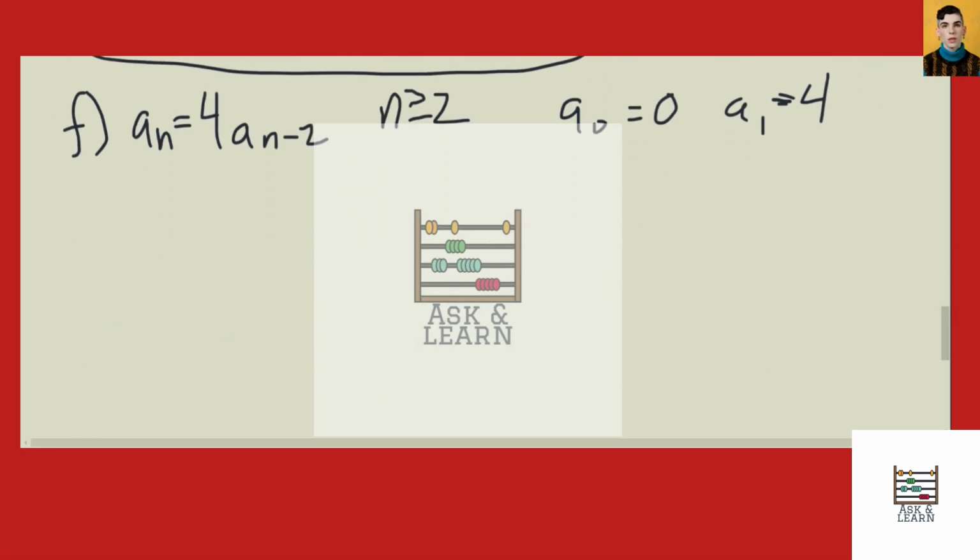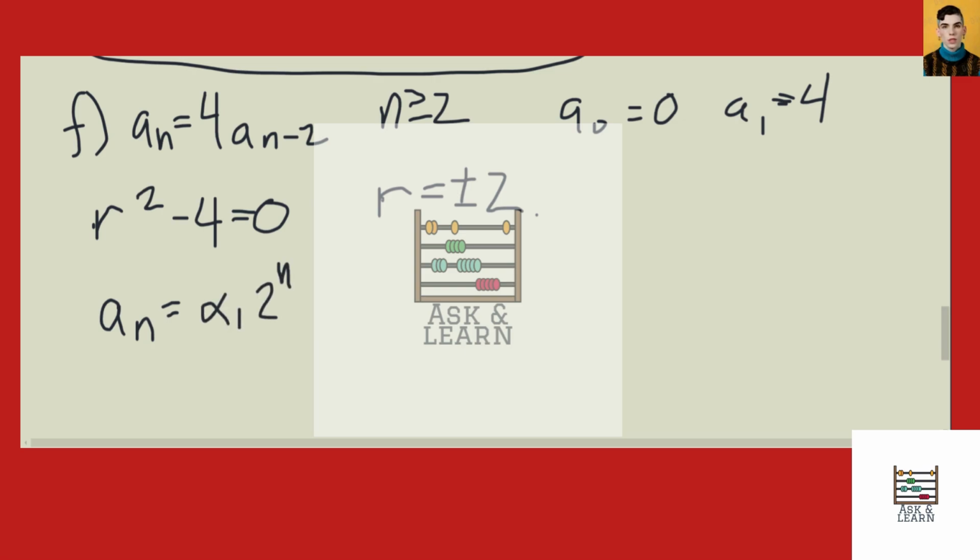The characteristic equation is r squared minus 4 equals 0, and this has roots r equals plus or minus 2. These roots are distinct, so it follows that the general solution is alpha 1 times 2 to the n plus alpha 2 times negative 2 to the n.